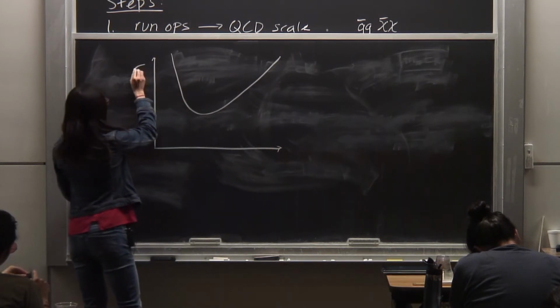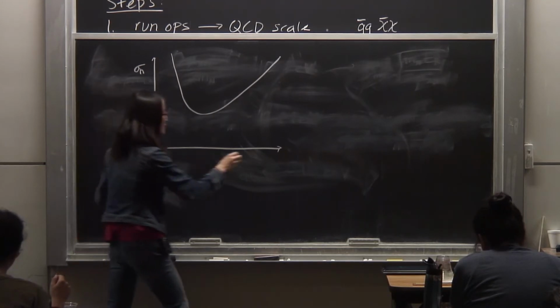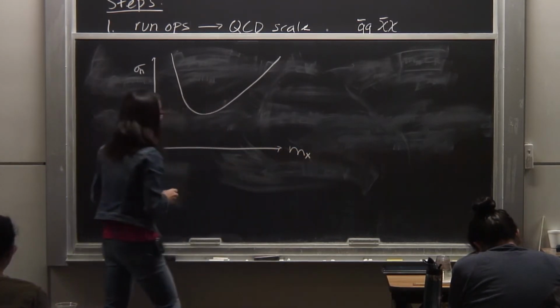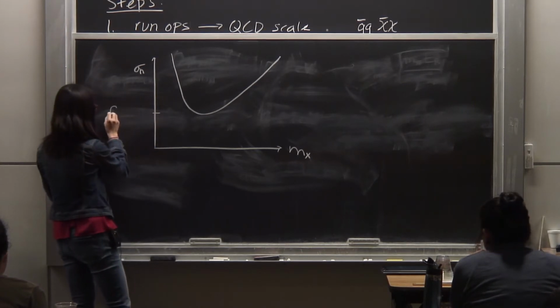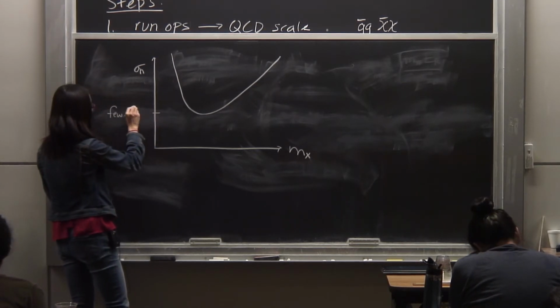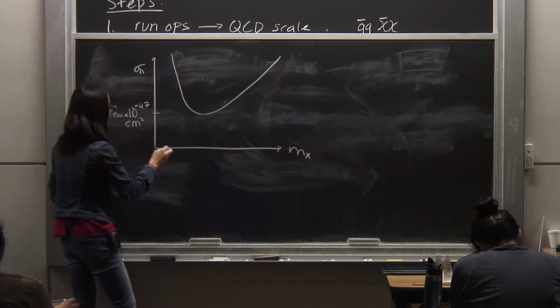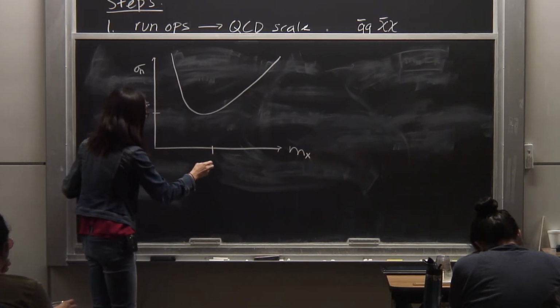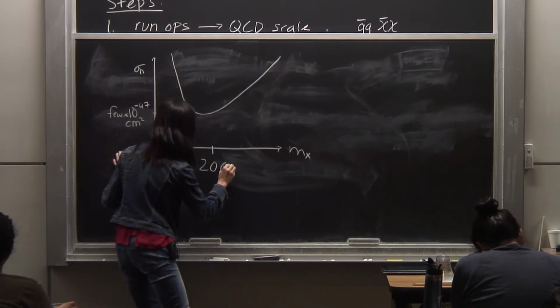They set limits on this spin independent, 1 nucleon cross-section versus dark matter mass. It's an incredible cross-section. It's about a few times 10 to the minus 47 centimeters squared. And the max was around 20 or 30 GeV.